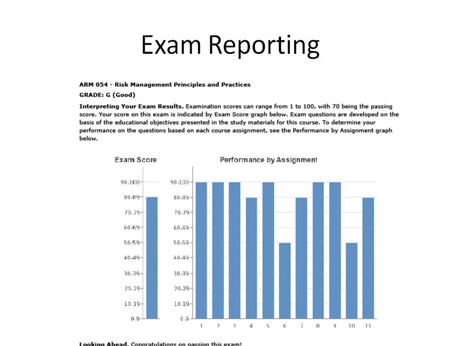You'll see at the bottom it has chapters 1, 2, 3, 4, all the way through 11. And on the overall exam score, this one person scored about 89, somewhere in the 80 to 89% range. And you can see Chapter 6 wasn't so hot and Chapter 10 wasn't so hot.